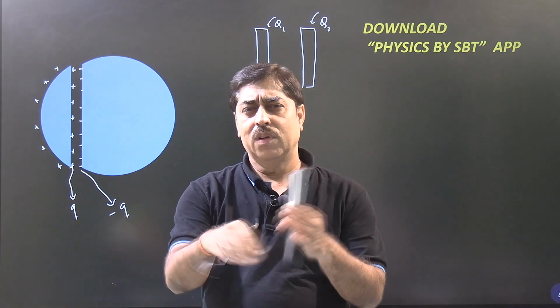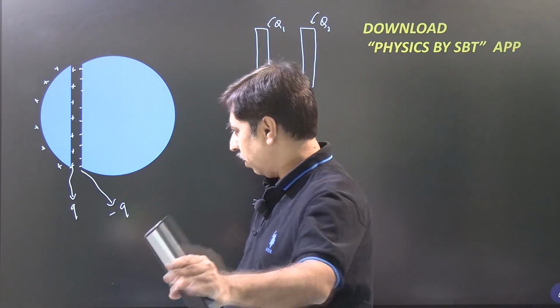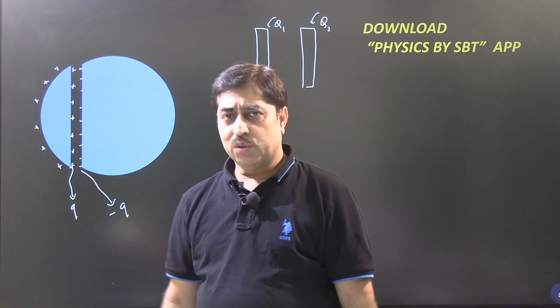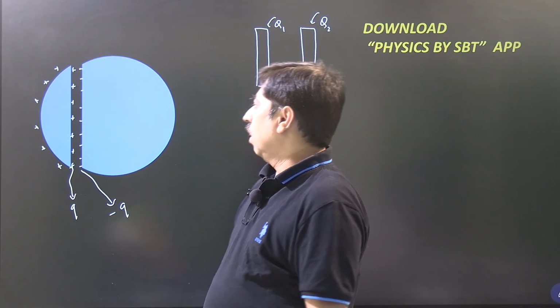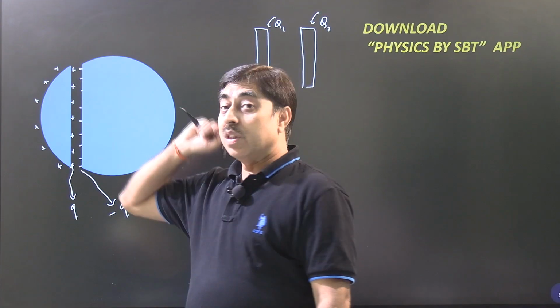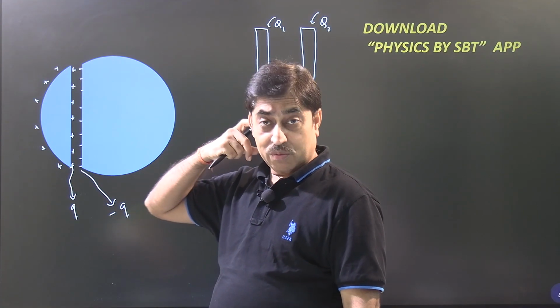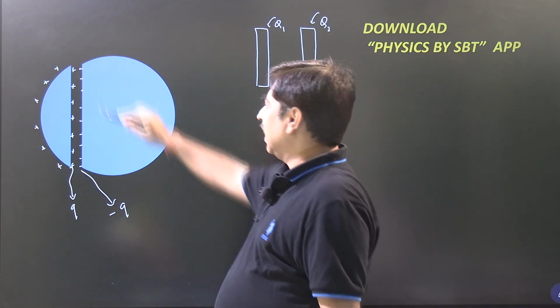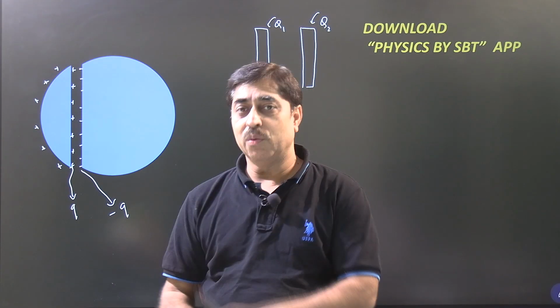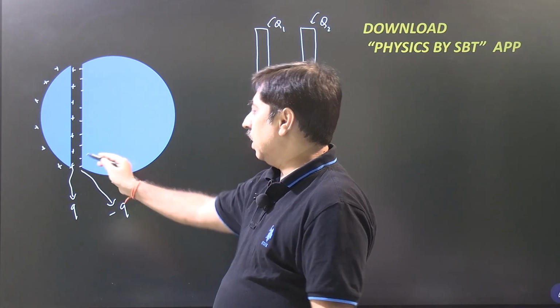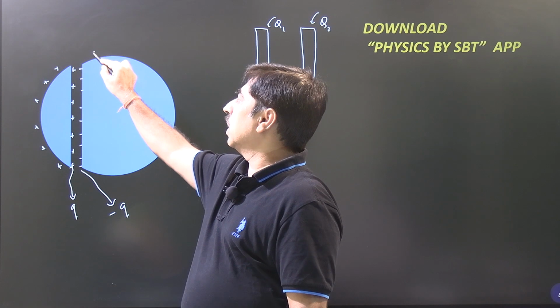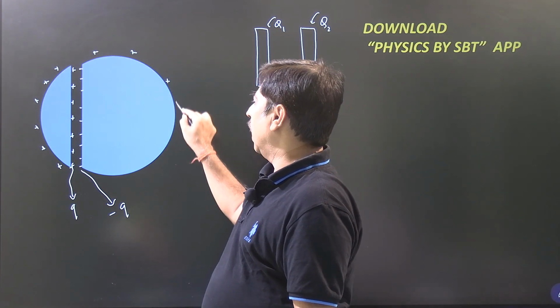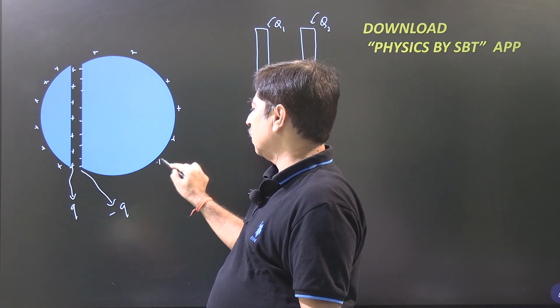Think in terms of some Gaussian surface, you will be able to convince yourself, right? So obviously, if this is plus q, this is minus q, which means this part of the sphere is actually neutral. So if a minus q charge has been induced here, this curved surface will have an overall charge of plus q on it.